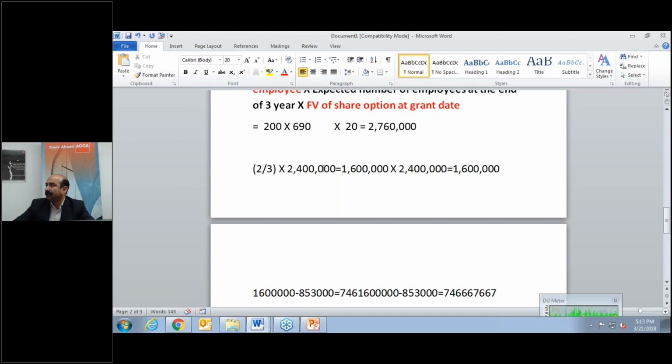So I want to expense out, I want to know how much. This is the total remuneration expense, revised estimated remuneration expense. I have already recognized 853,333 in 2011, 746,667 in 2012, and I want to determine how much needs to be expensed out in 2013.